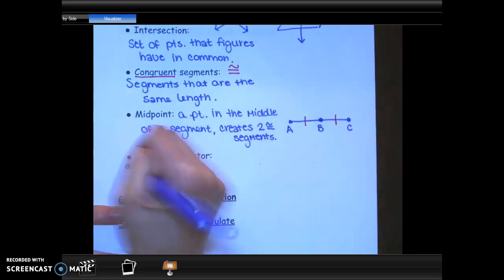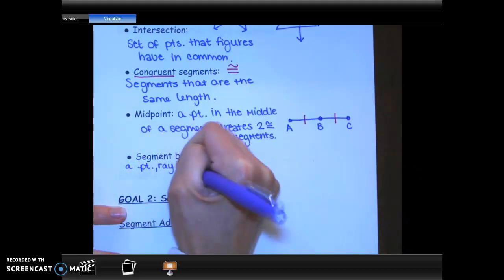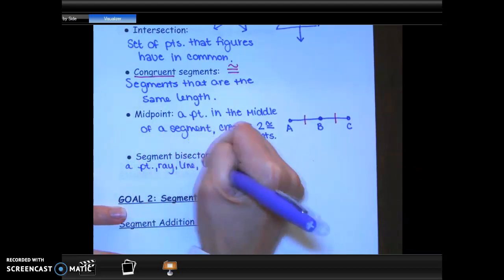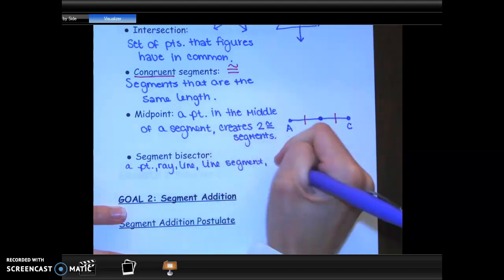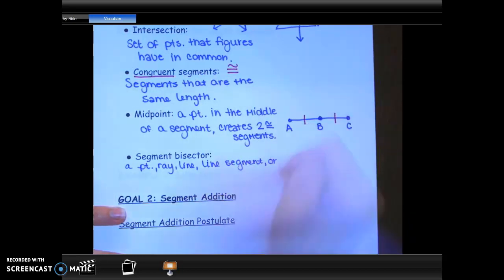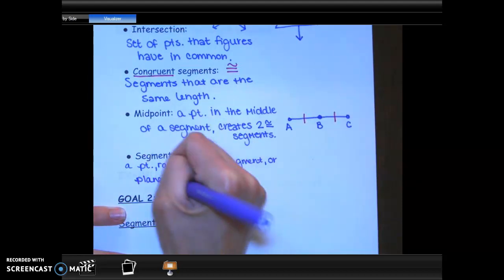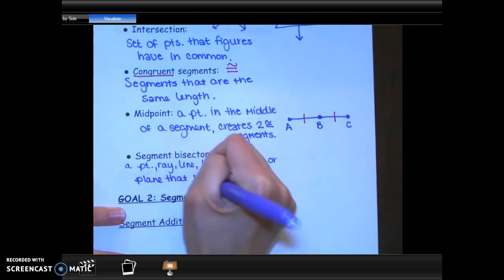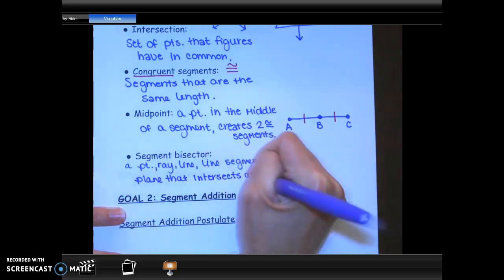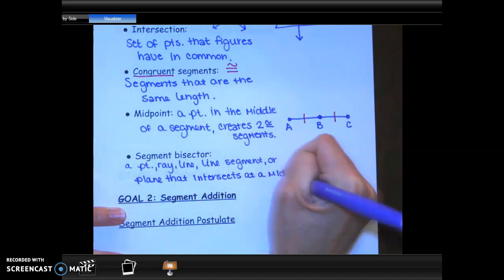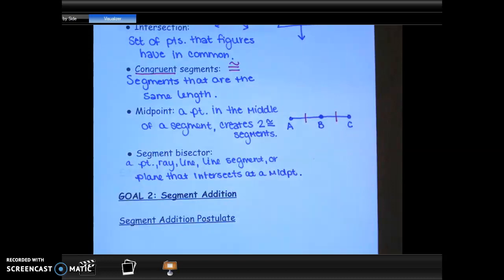It is a point, ray, line, line segment, or plane that intersects at a midpoint. You notice I shorthand a lot of stuff. It's just faster that way.